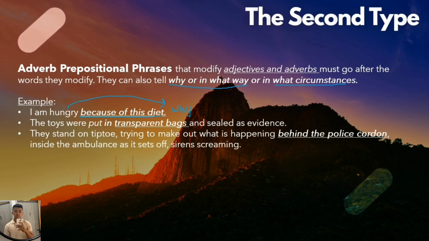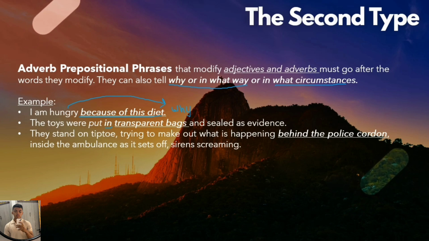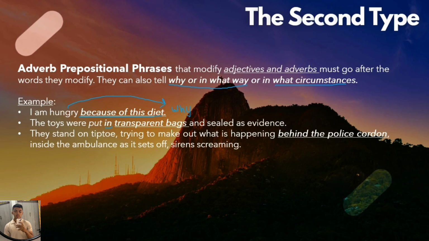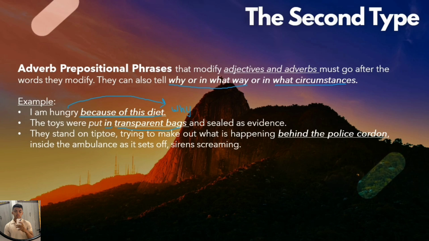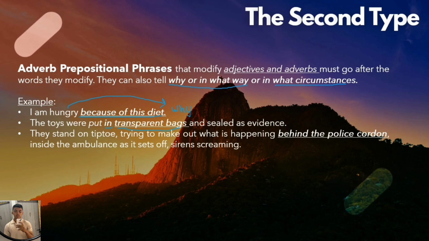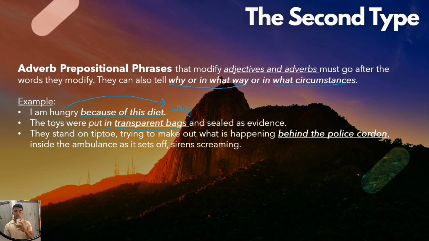"In" is the preposition and "transparent bags" is the object of the preposition. "In transparent bags" is a prepositional phrase in the position of adverbial function because it is connected with the verb "put." So it has an adverbial function.